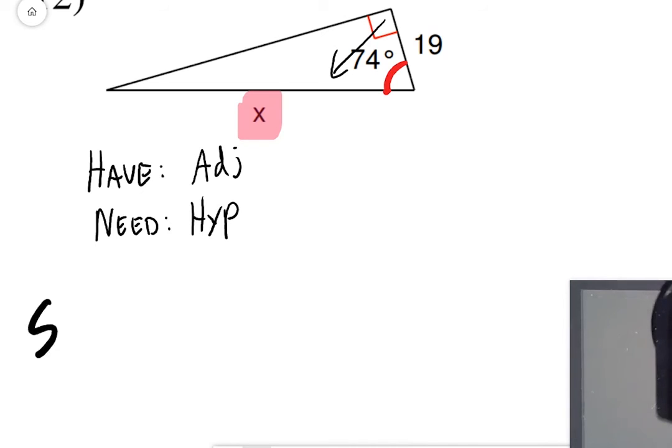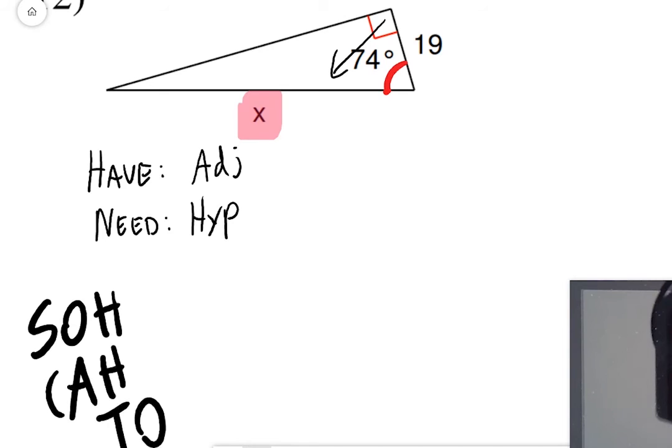Next step, SOHCAHTOA. We have adjacent, we need hypotenuse, only one ratio has both, it's cosine.